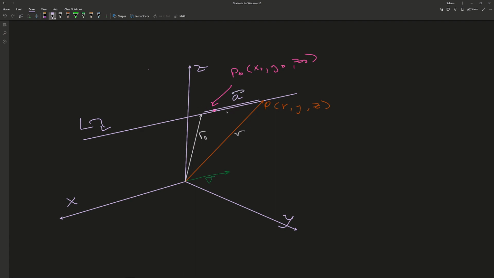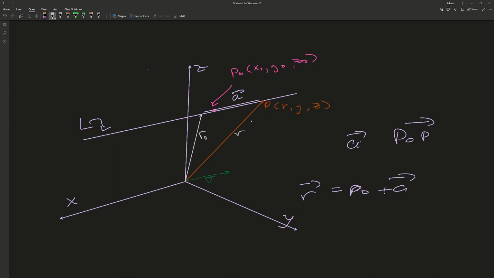If A is a vector, and A is represented by P0P, that's the direction, then what do we remember from our previous knowledge of math? How do we find R here? R will just be R0, which is this here. Imagine this here is a triangle, R0 plus A. So that's what R is. R is just R0 plus A.